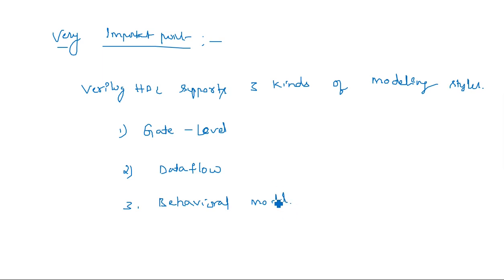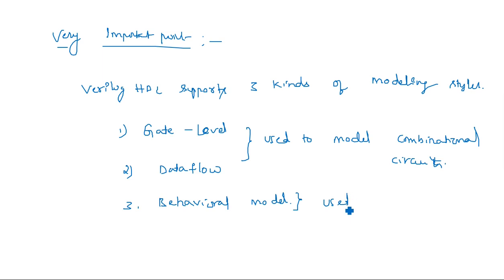Gate level and data flow are both used to model combinational circuits, but the behavioral model is used to model both combinational and sequential circuits.